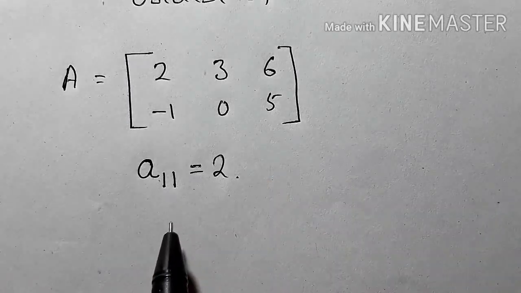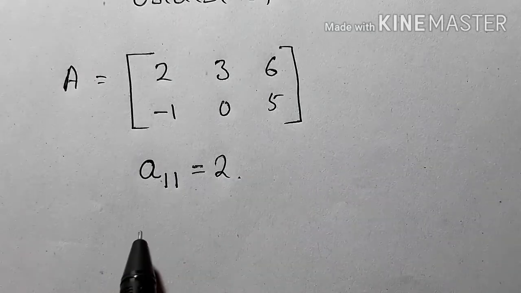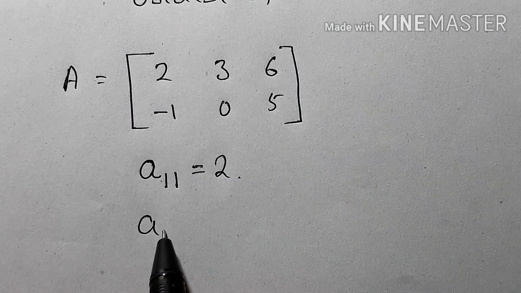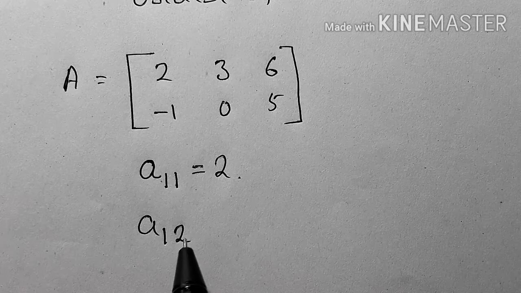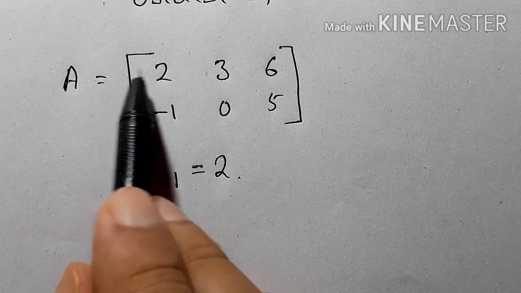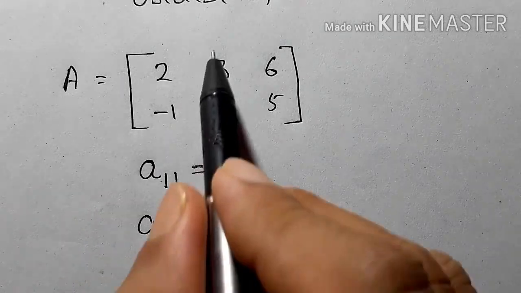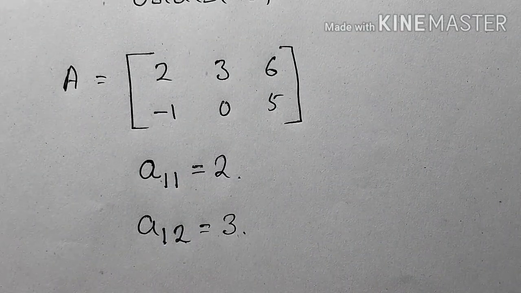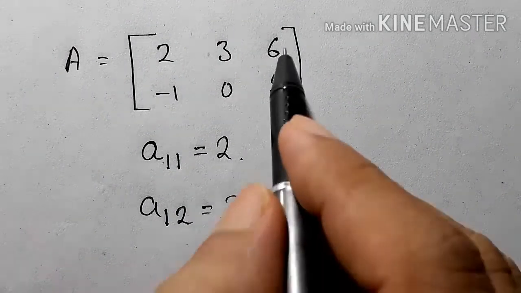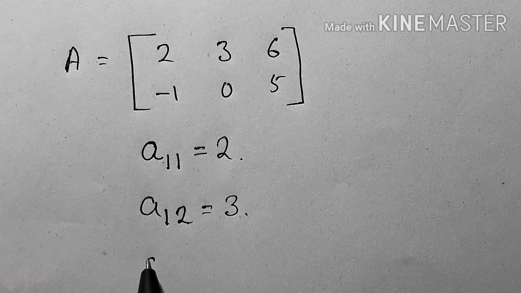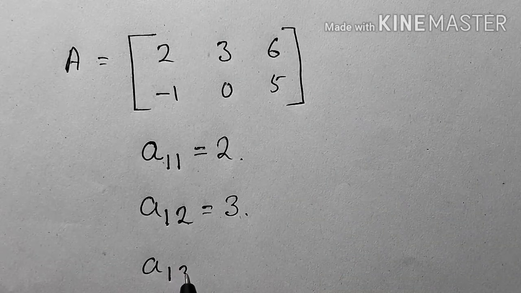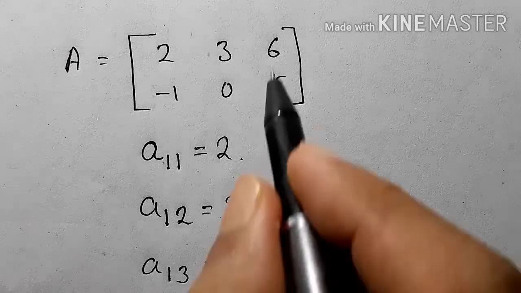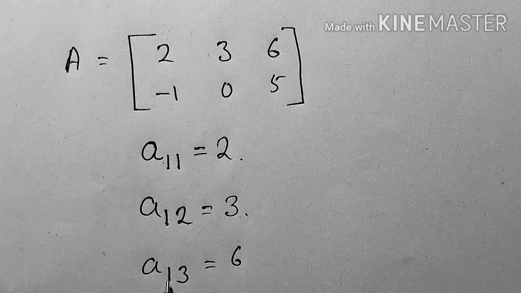Now how can we represent these 3? A12. This 1 is row number 1, this 2 is column number 2. So this is 3. Next 6. A13. This is row number, this is column number.